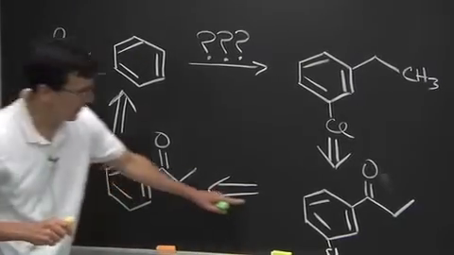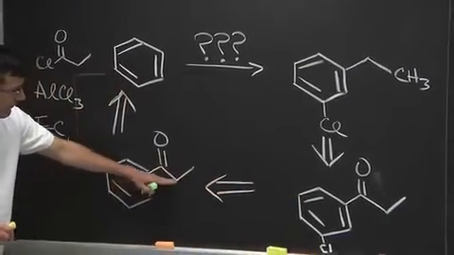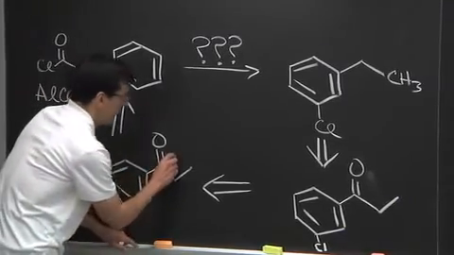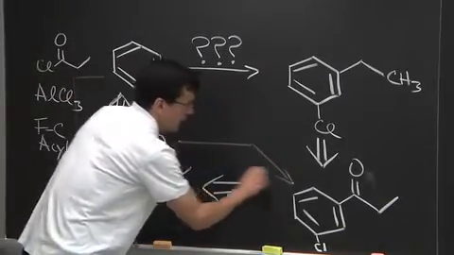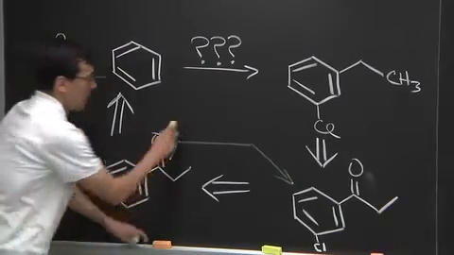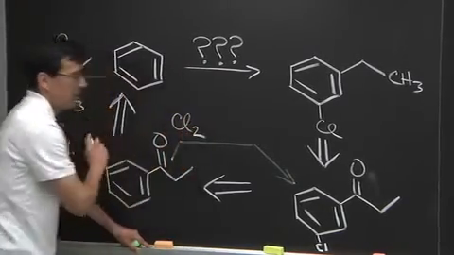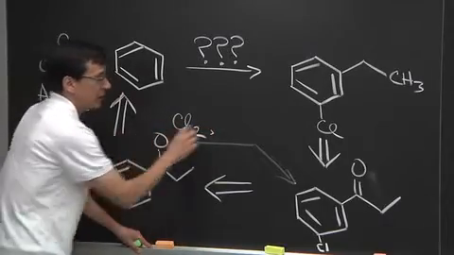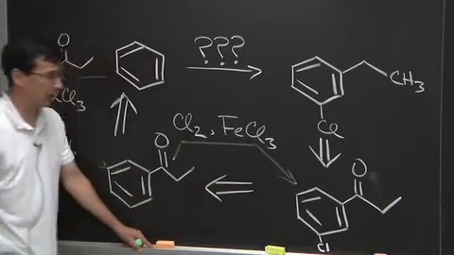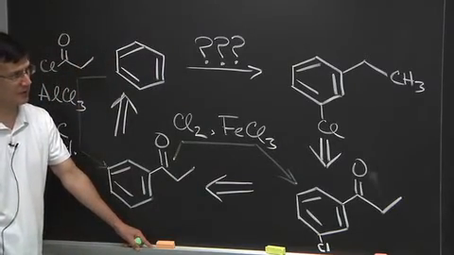How about this one here? We now have a meta-directing group on the ring. So to go from here over to here, what would we do? Chlorination, and to do that we need a Lewis acid, so we could use ferric chloride for that.